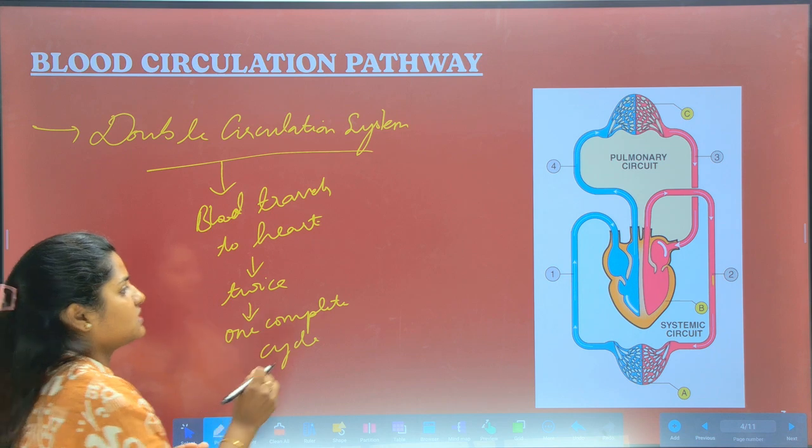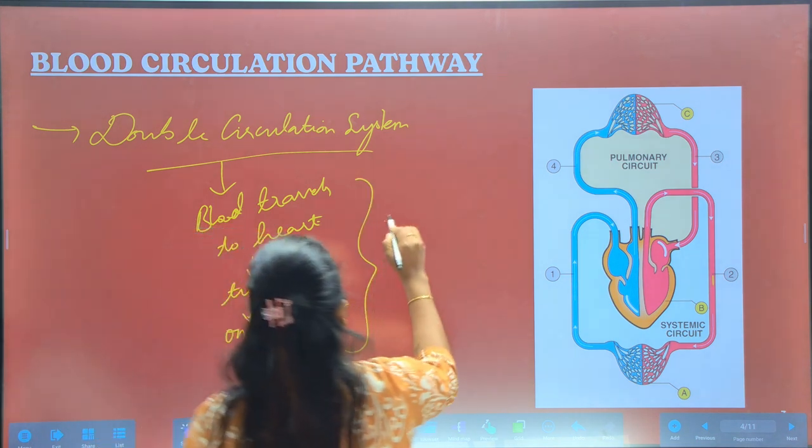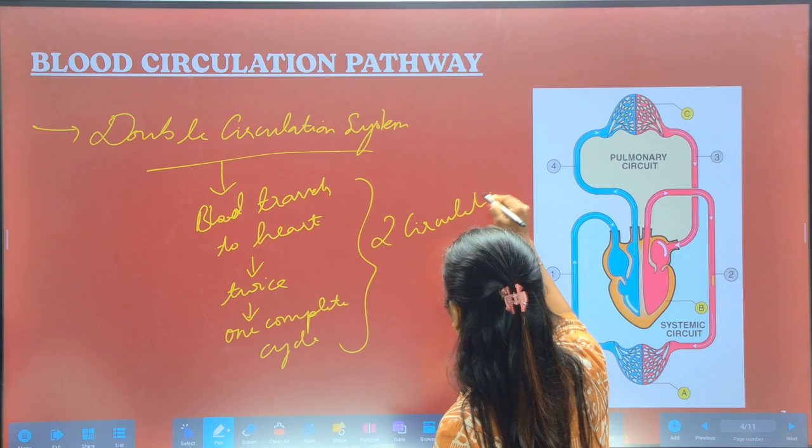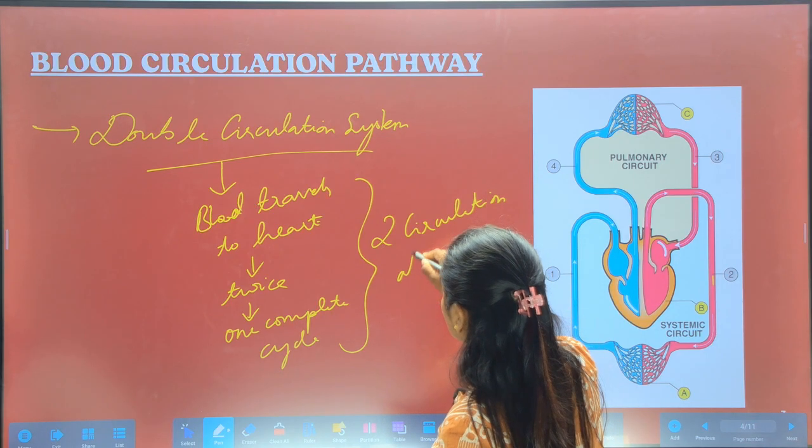So in simple words, two circulations at a single time.